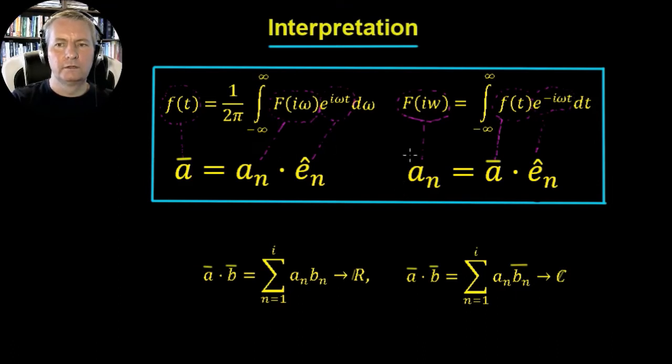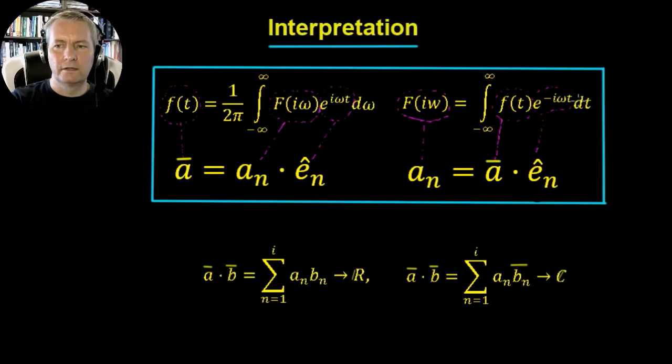Now one other thing to note here is that we've got this term here, e hat n and e hat n. Both of these are the same in this little simple case, but they're not the same in the forward and inverse transforms. In the forward transform it's e to the minus I omega t, and in the inverse transform it's e to the I omega t.